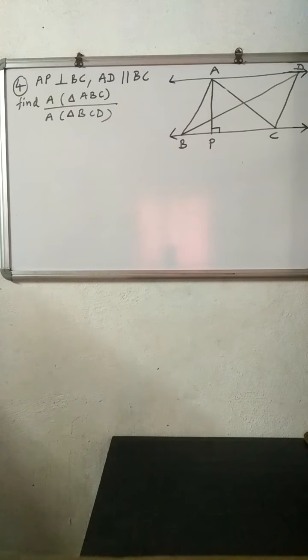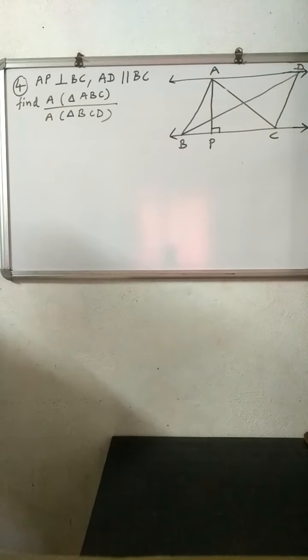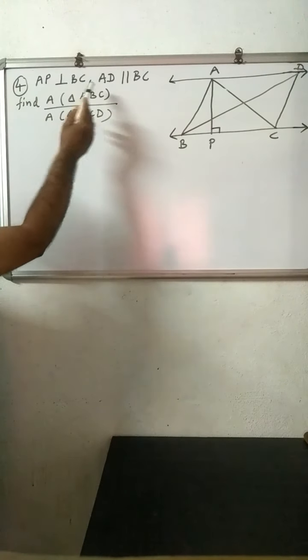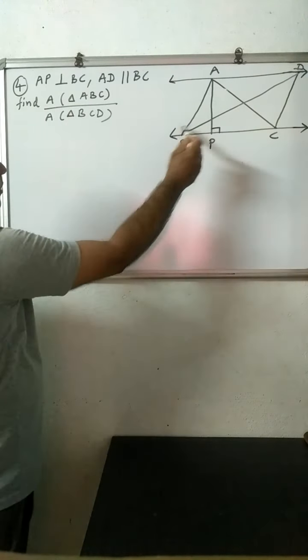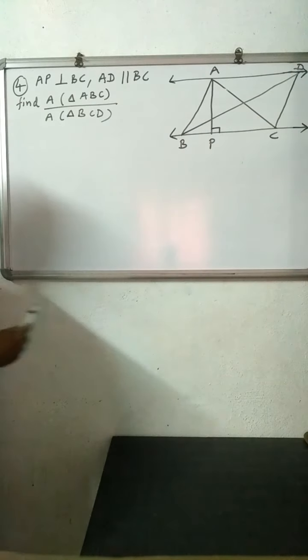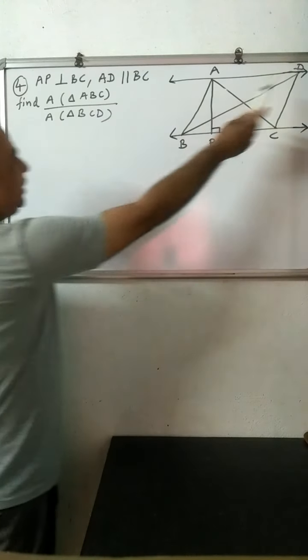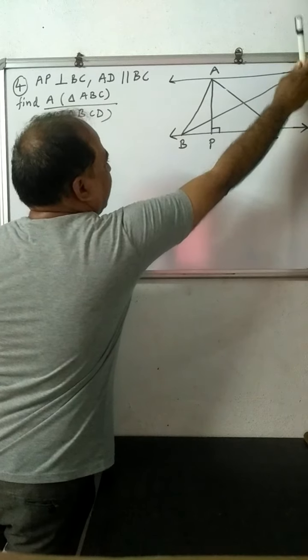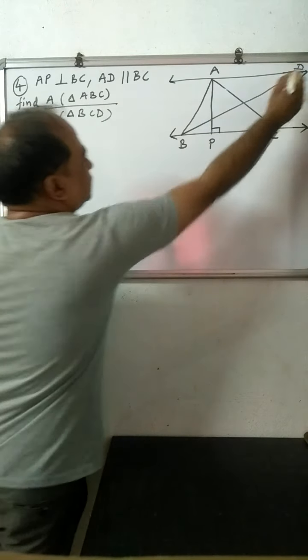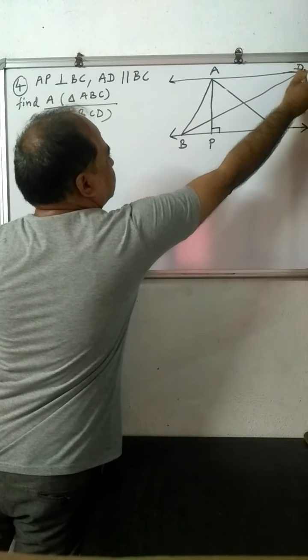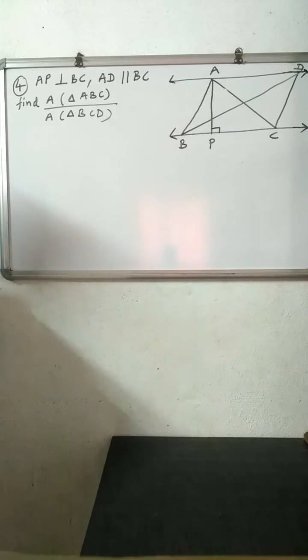Example number 4. Observe the figure. AP is perpendicular to BC, which is given. AD is parallel to BC.